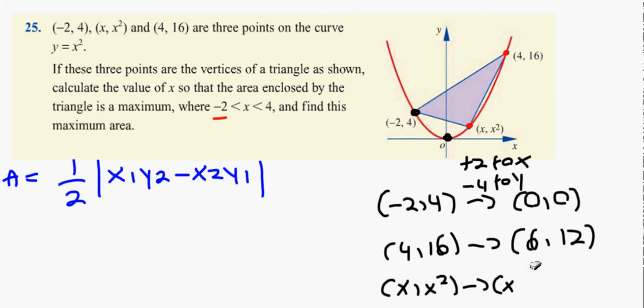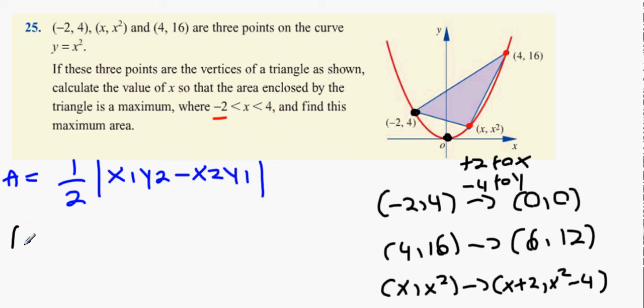So what we're going to get is (x plus 2), and then x squared minus 4, and now we're going to do the modulus formula.